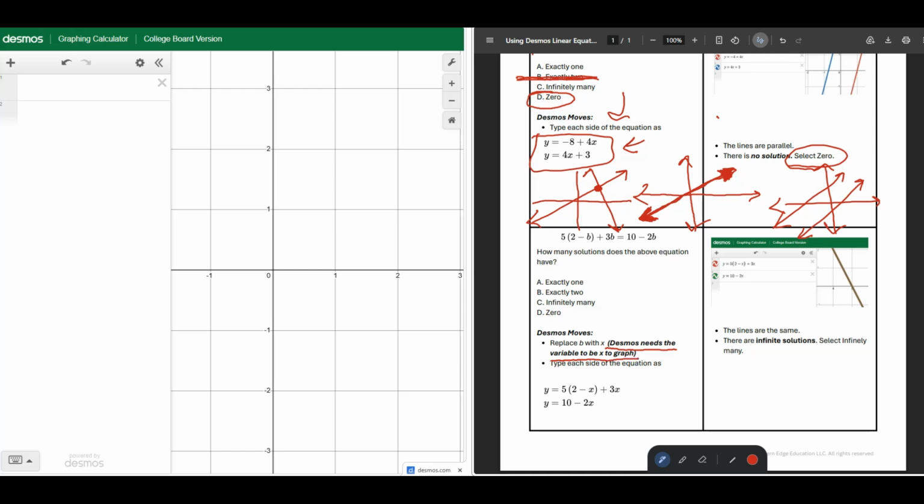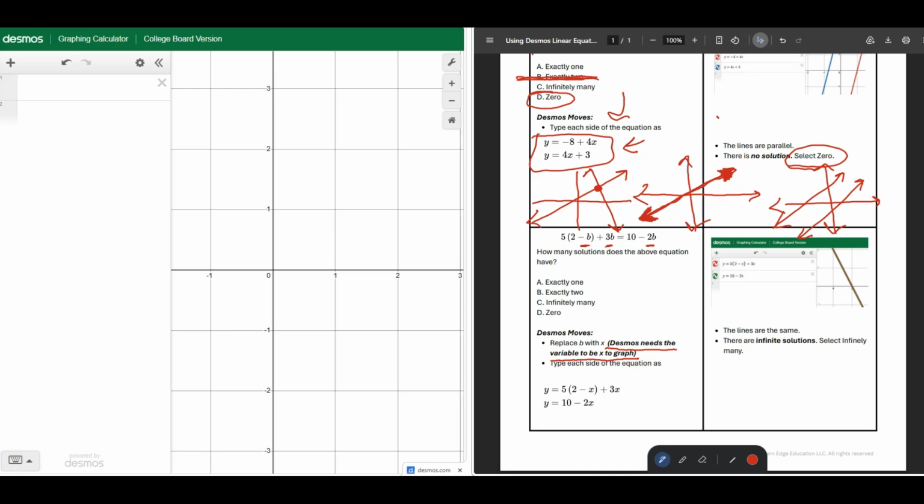So if you'll notice in this equation, you have the variable b, and all of those b's have to be changed to the letter x in order for you to graph. And then again, remember, when you're dealing with determining how many solutions, not what is the solution, you need to break the equation down into graphing the left-hand side and the right-hand side.